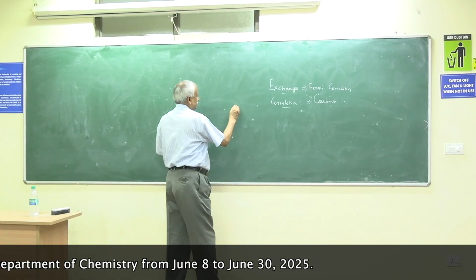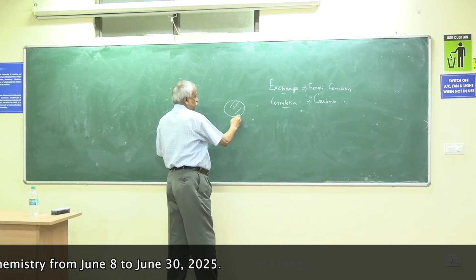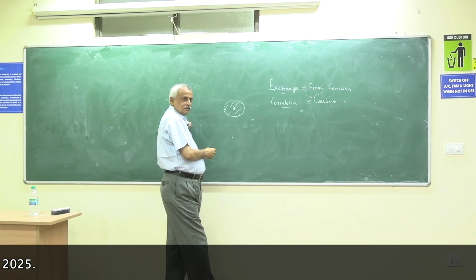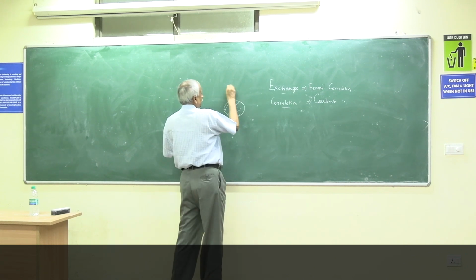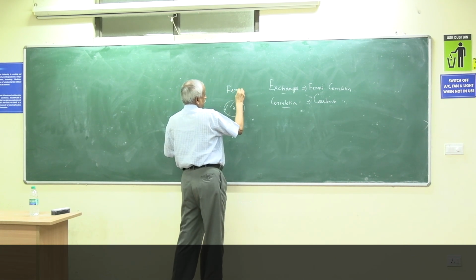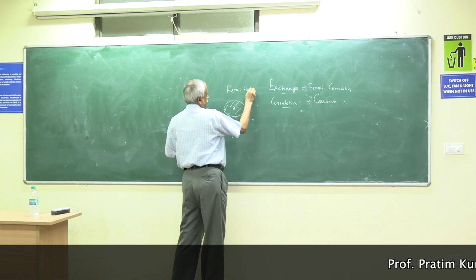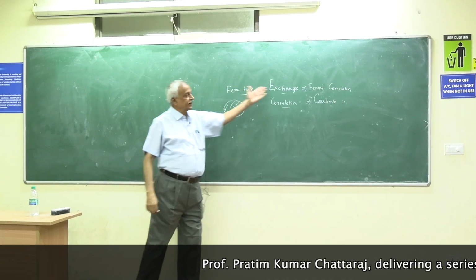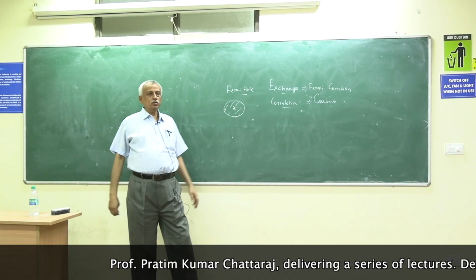This is some excluded volume, so no one can come within this. And this is what is called the Fermi hole, or sometimes the exchange hole also. Exchange hole or Fermi hole.